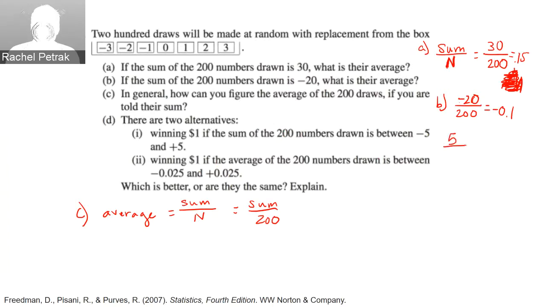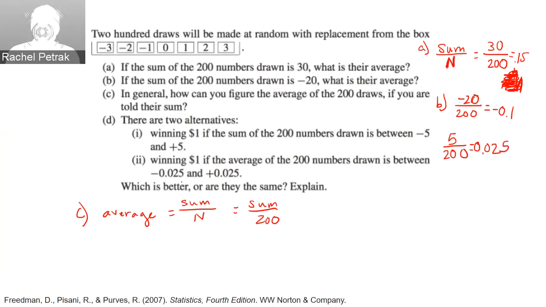Let's just figure. 5 out of 200 is equal to 0.025.